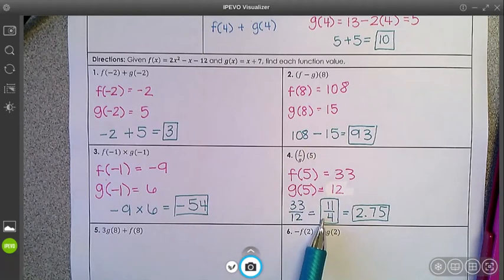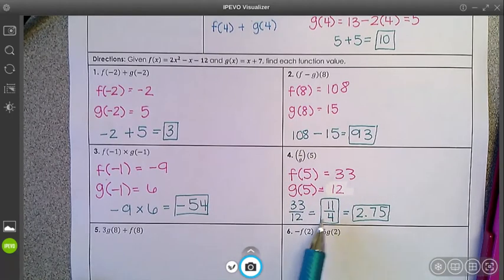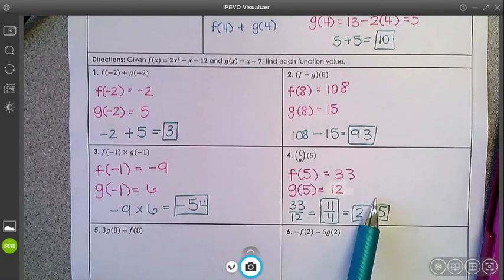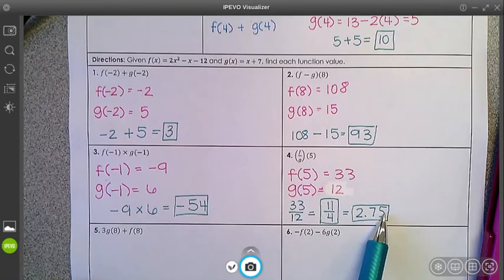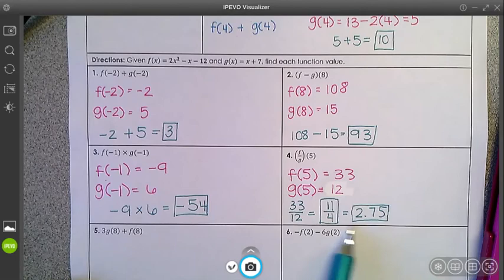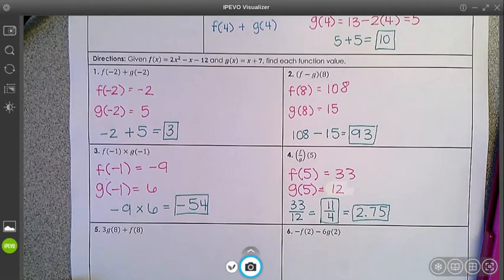And that fraction does simplify to 11 over 4, which is an acceptable answer. Or you could have divided it out to get a decimal. If this decimal would have been some long, ugly decimal, then the fraction would have been better. If it's more than like 3 decimal places, you might as well just leave the fraction.